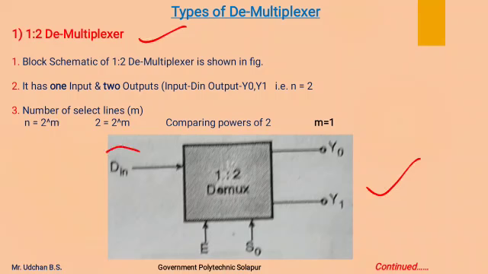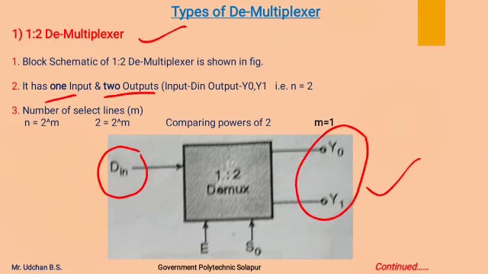It has a single input, that is one input, and two outputs. These are the two outputs, y0 and y1. Therefore the value of n for this demultiplexer is 2.